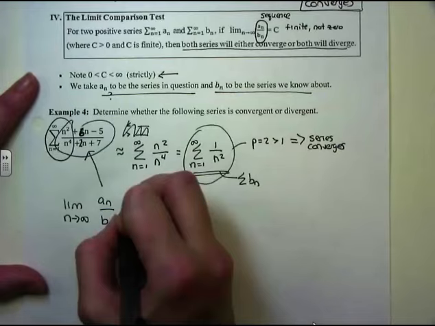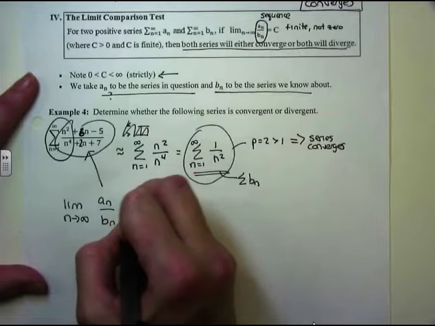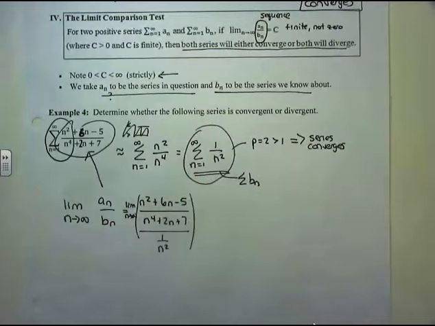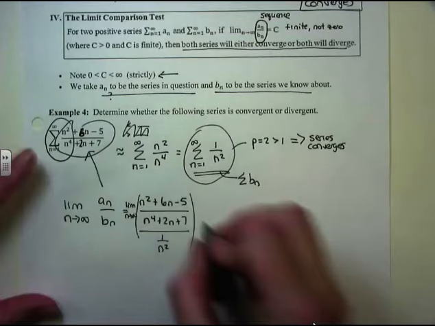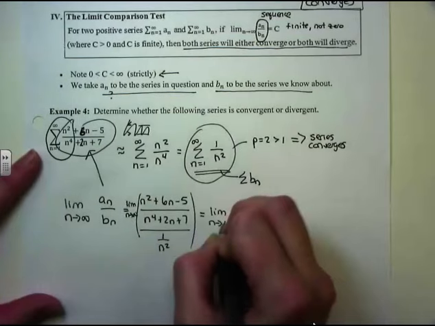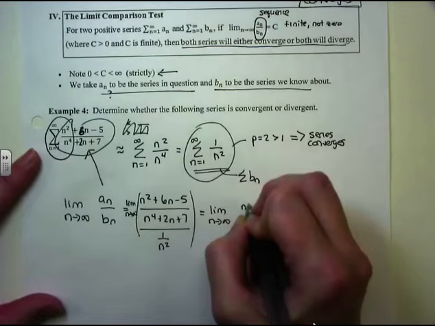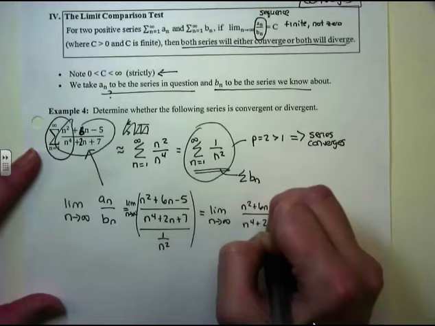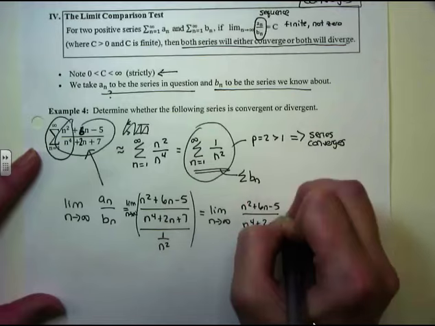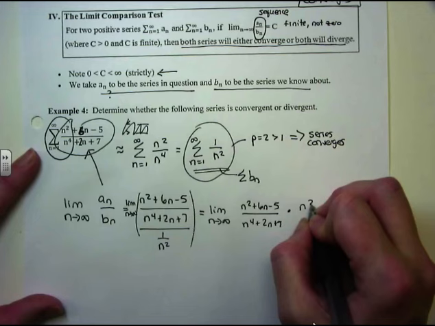Notice I have a fraction inside of a fraction, so this is the same as the limit as n goes to infinity of n squared plus 6n minus 5 divided by n to the fourth plus 2n plus 7 times, flipping the bottom fraction, n squared over 1.